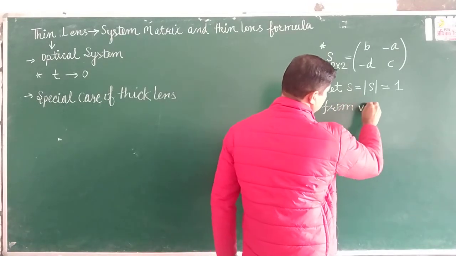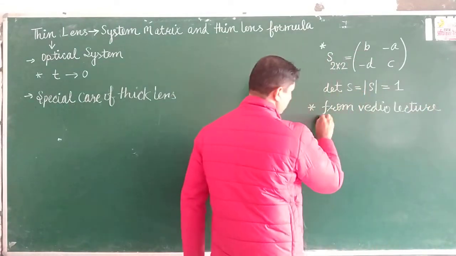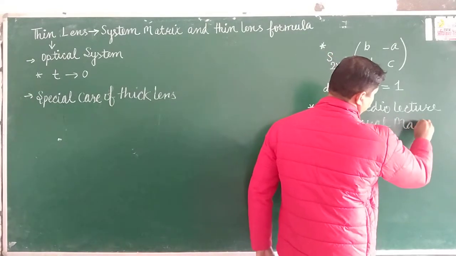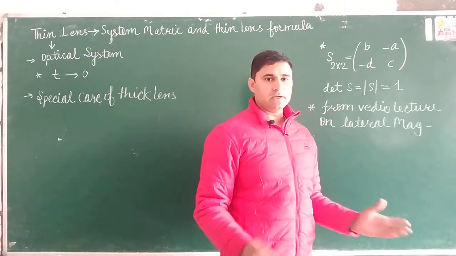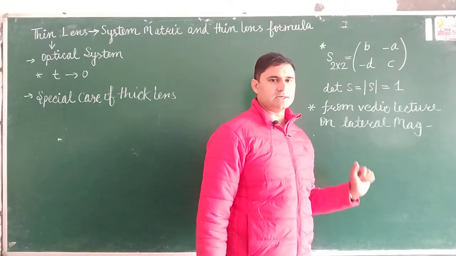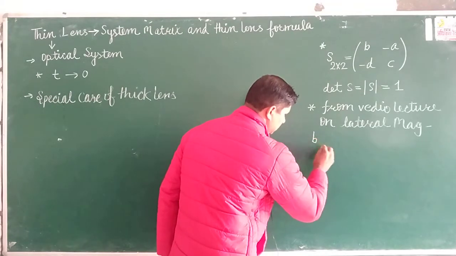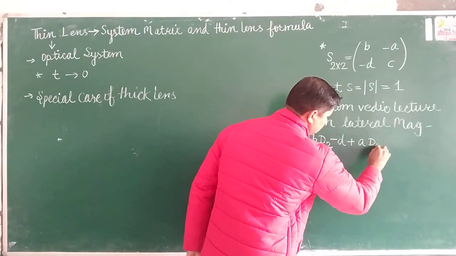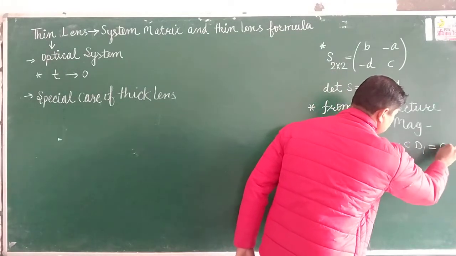In the video lecture on lateral magnification we have obtained the relation between D1 and D2, where D1 is the distance of the object from the first refracting surface and D2 is the distance of the image from the second refracting surface of the lens, and that was B D2 minus D plus A D1 D2 minus C into D1, and this was equal to 0.